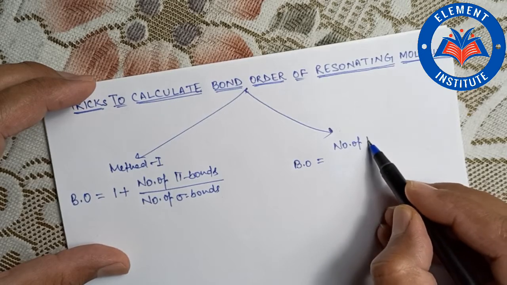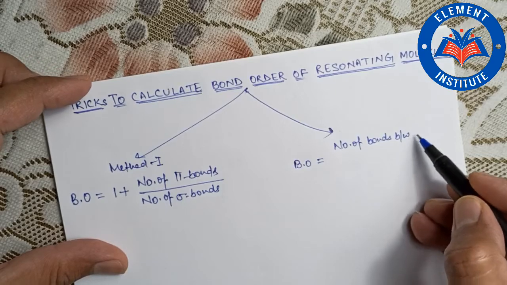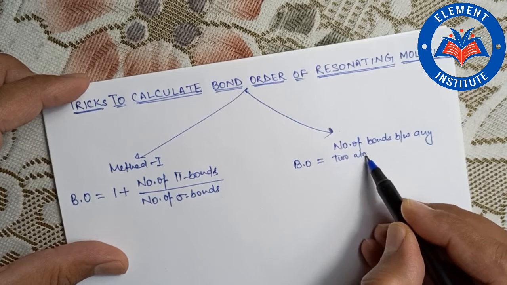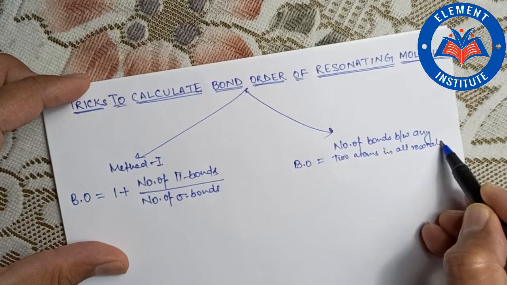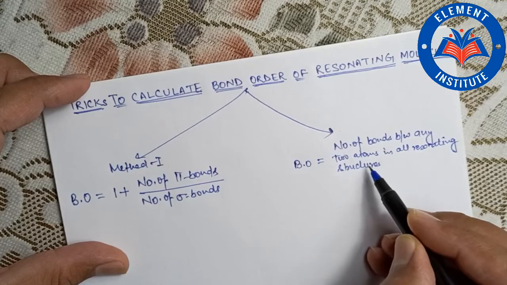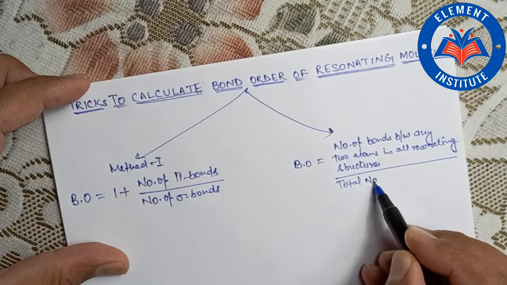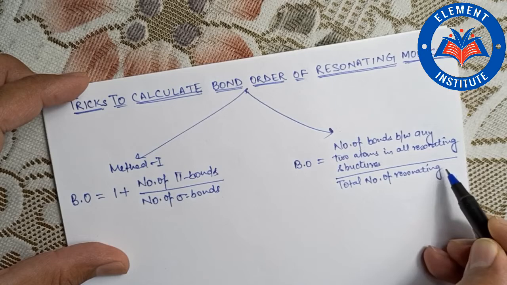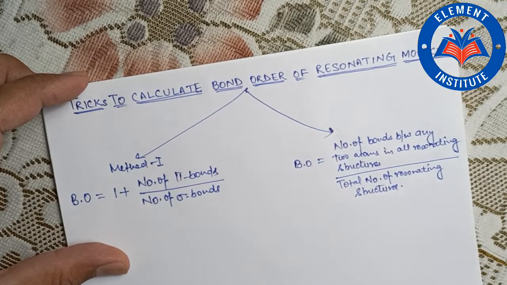And in the second method, the bond order is equal to the number of bonds between any two atoms in all resonating structures, upon the total number of resonating structures.